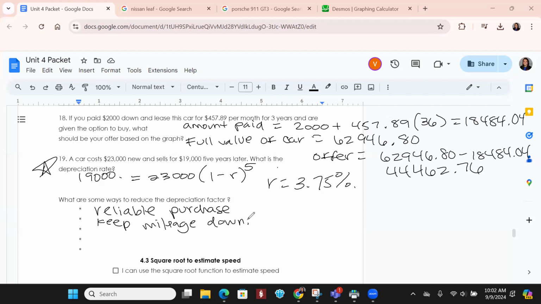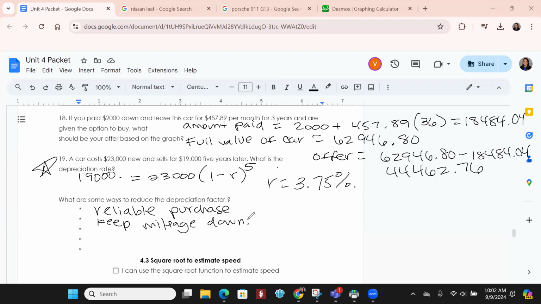So, for instance, my boyfriend bought a Toyota Tundra back in 2017. Great car, fabulous car. From 2017 to now, that's what, 7 years? We're in 2024? Yes, that's today. So that's 7 years.